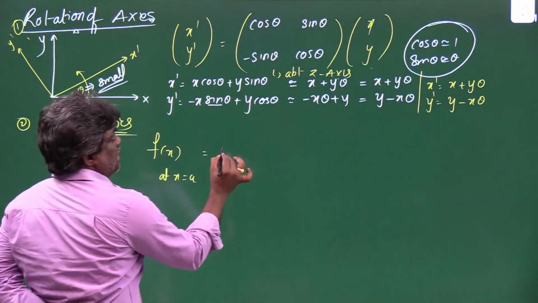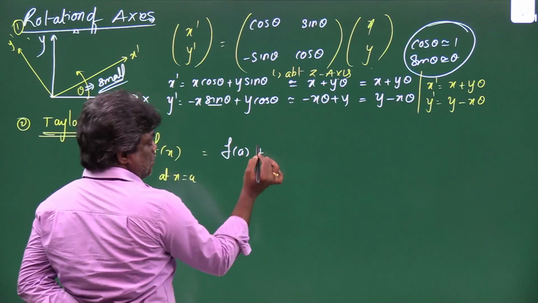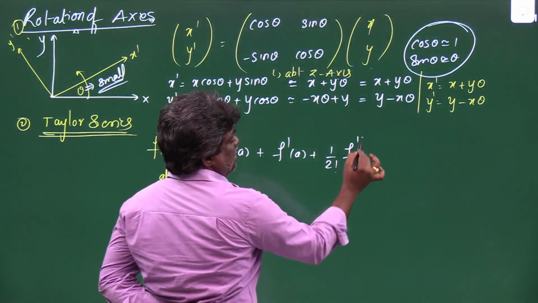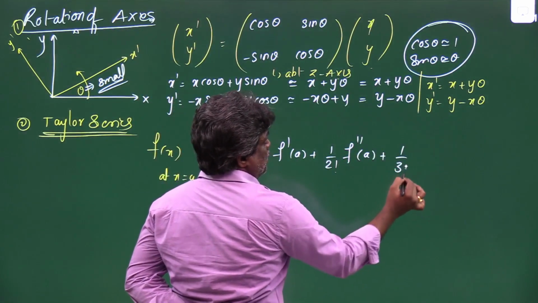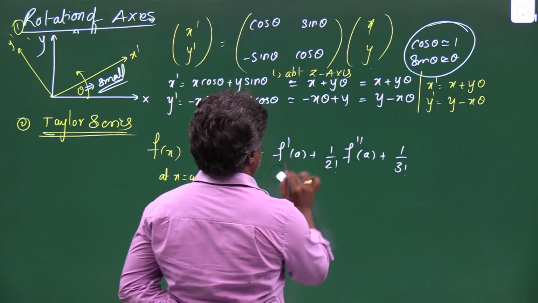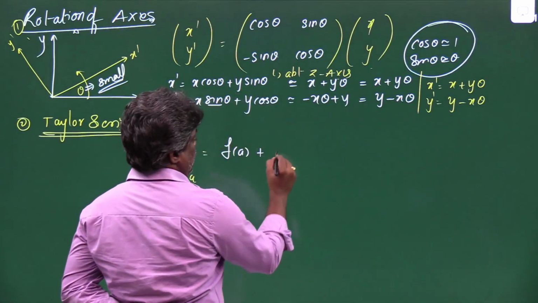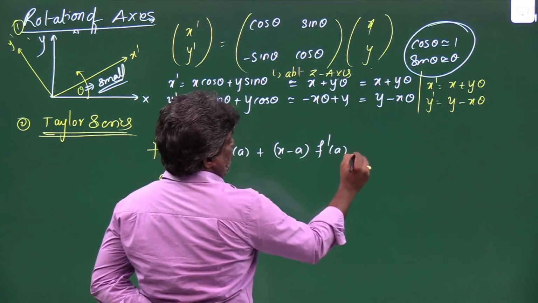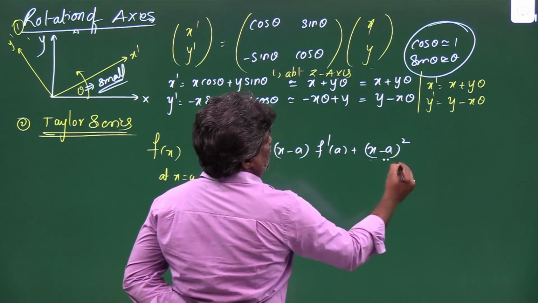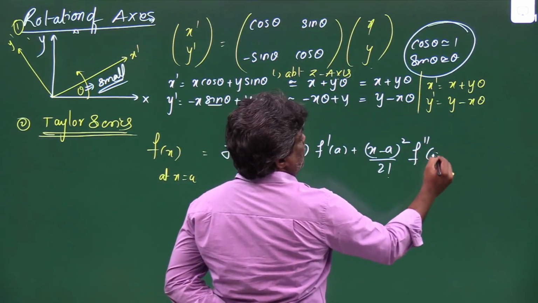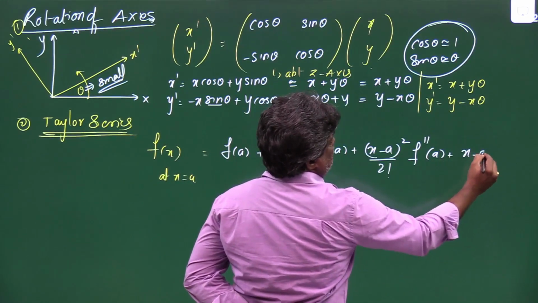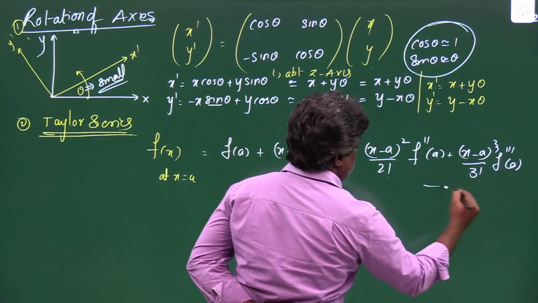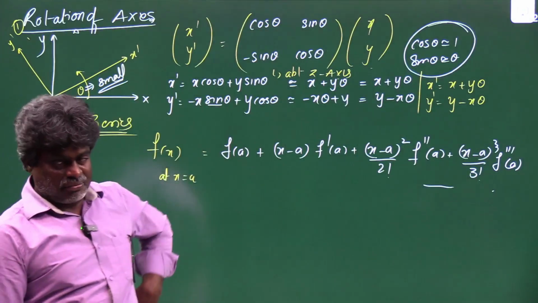Then this Taylor series is f of a plus x minus a f dash of a plus x minus a whole square by 2 factorial f double dash of a plus x minus a whole cube by 3 factorial f triple dash of a. This is the general Taylor series that we write.